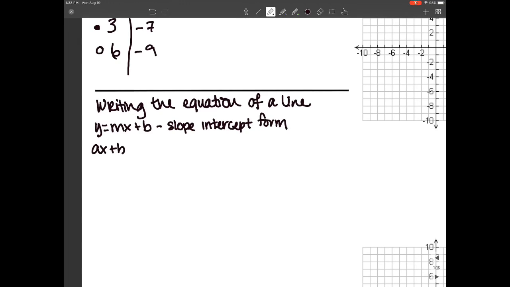And then you could use this one, which is called point-slope form. So when you're writing an equation, you have 3 options of the way that you could write your equation.